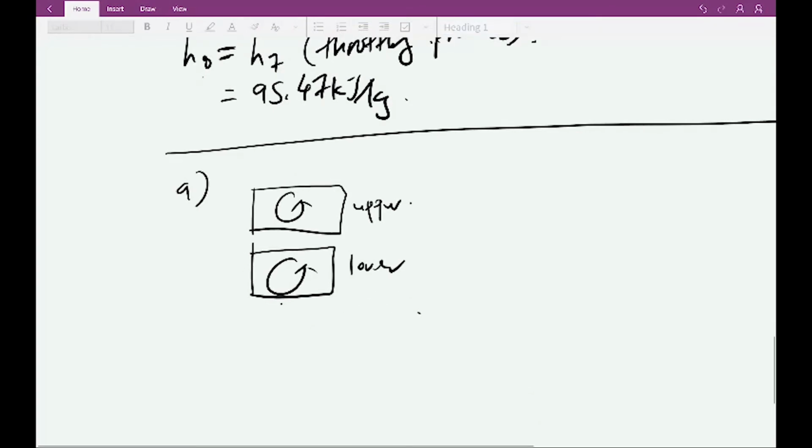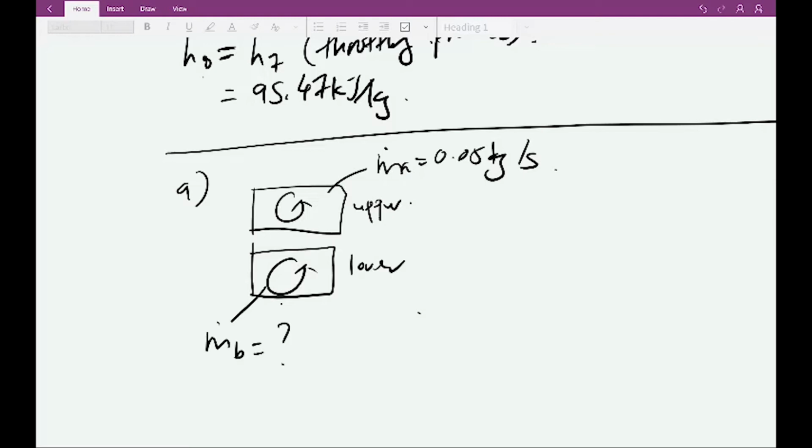Here, this is your ṁA, 0.05 kg per second, while on your lower cycle, ṁB, this is what your question is asking for. So how to find the mass flow rate on the lower cycle?